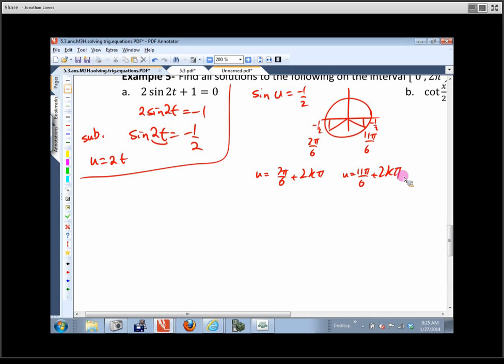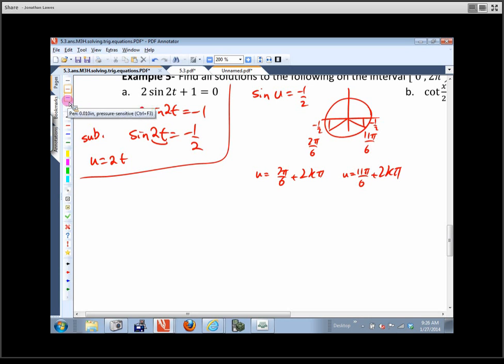Now, is the original problem about u's or is it about another variable? It's about another variable, right? T. So we want to write this in terms of the original variable. So we made a substitution. We changed the variables to make this a little bit easier to solve.